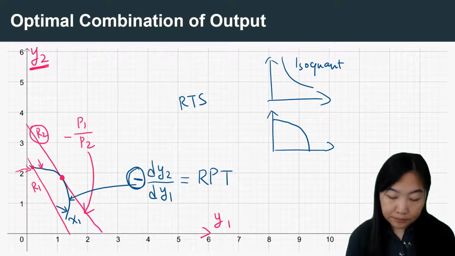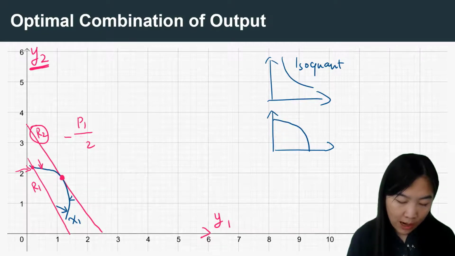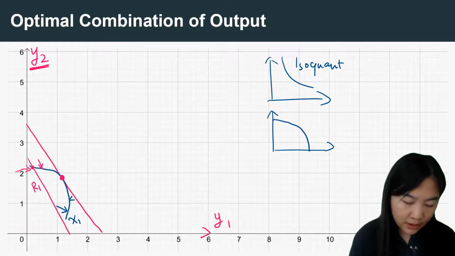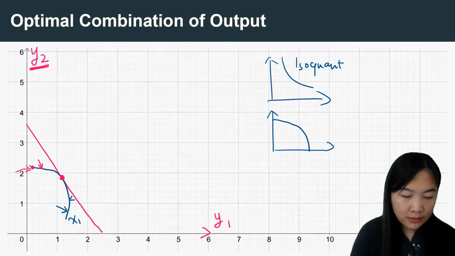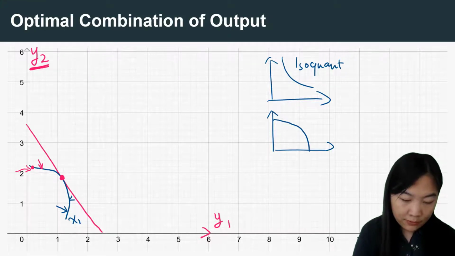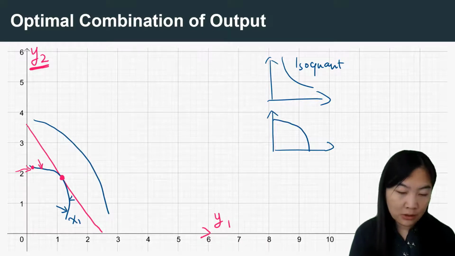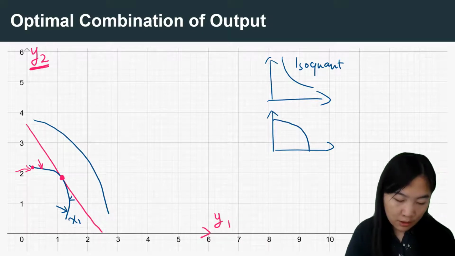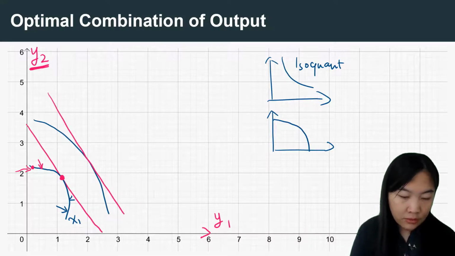And here, if we use this condition, we find one point where the revenue can be maximized for a given level of input, right? And if we were given a different level of inputs, for example, if it's here, then we can also find another point of revenue maximization.